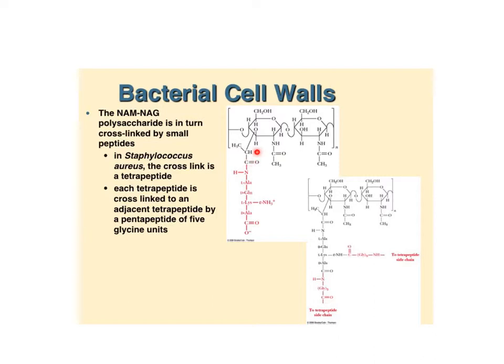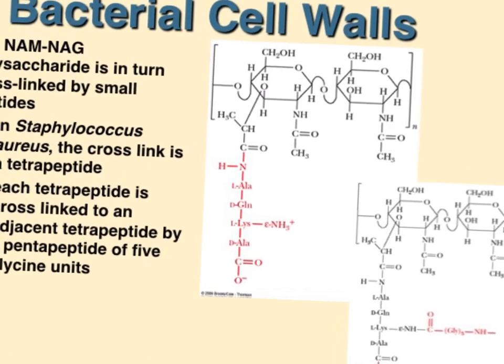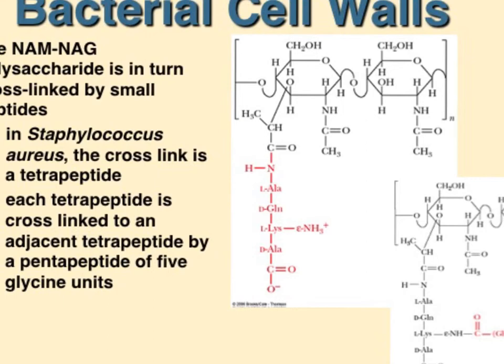We have the sugar, and then we have this tetrapeptide of alanine, glutamine, lysine, and alanine. And this lysine, of course, is really long. It has this free amine, and this free amine can be used to form interlinkages.